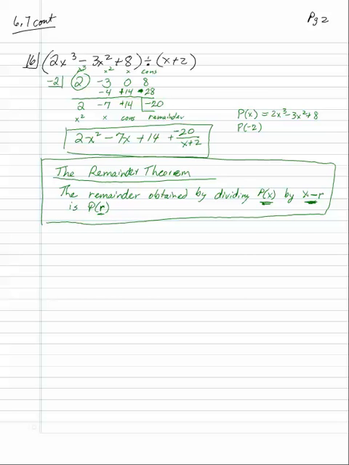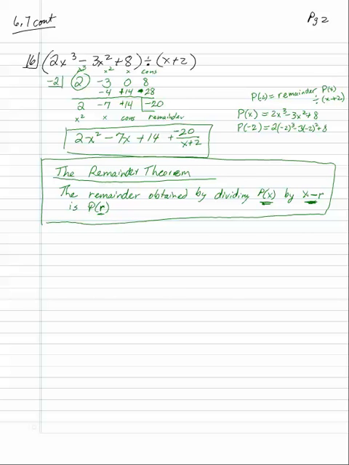If I plug negative 2 into here, I should get the same thing as the remainder of doing p of x divided by x minus minus 2, which would be x plus 2. P of negative 2, I'm sorry.